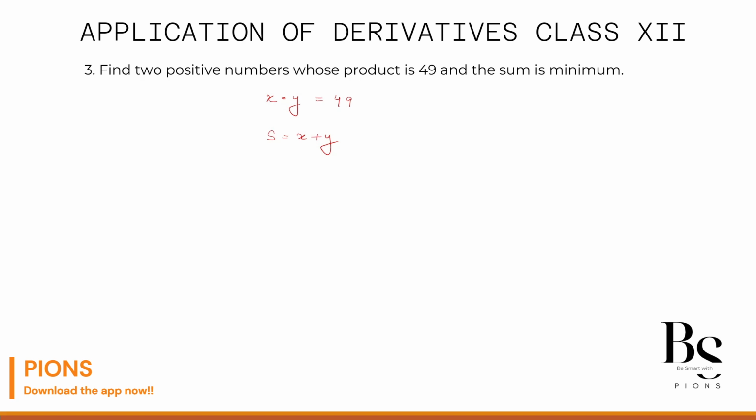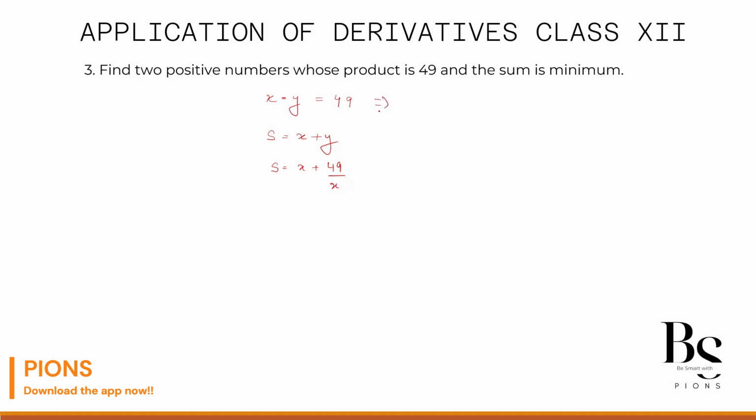There will always be one equation in all these problems which will combine the problem, or which will reduce the whole equation to one variable. So here we got x into y as 49. So let me write s equals x plus, what is y? 49 upon x. Correct? From where did you get this?